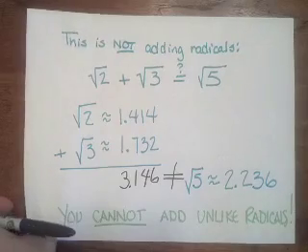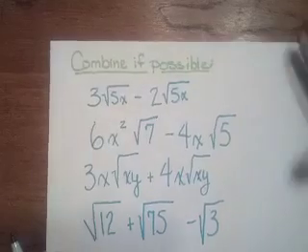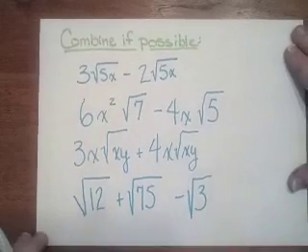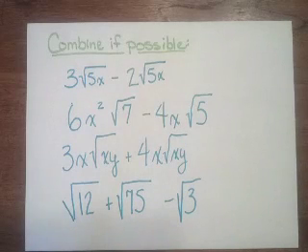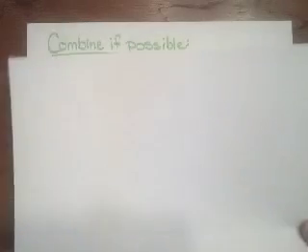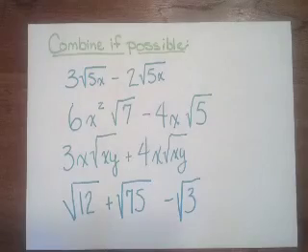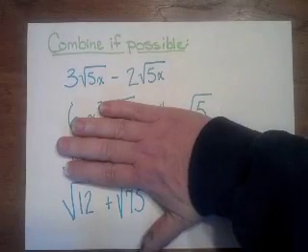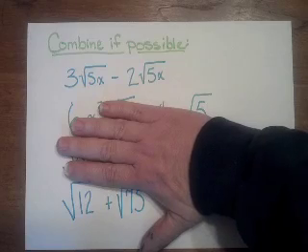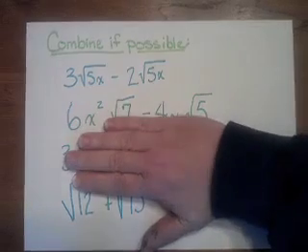Okay. So let's do some examples. This is what your problems will say: combine if possible. So we look at the first one. I get a piece of paper and do one at a time. We have 3 times the square root of 5x minus 2 times the square root of 5x.